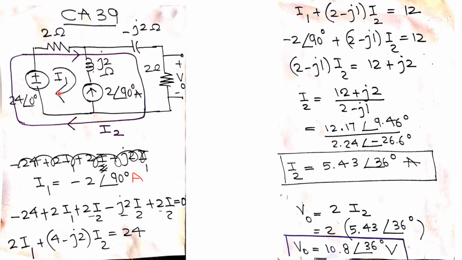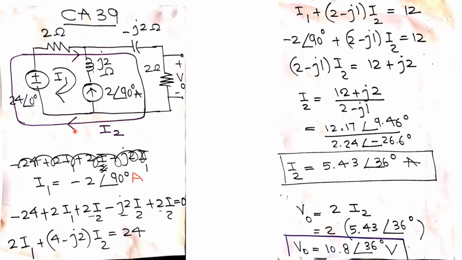Rather, we write the magnitude of that current equal to the magnitude of the current source, either with a positive or a negative sign. We write it positive if the direction of our assumed current is the same as the direction of the current source, but if they are opposite, we'll write a negative sign. So in this circuit we see they are opposite to each other, therefore we write a negative sign here.